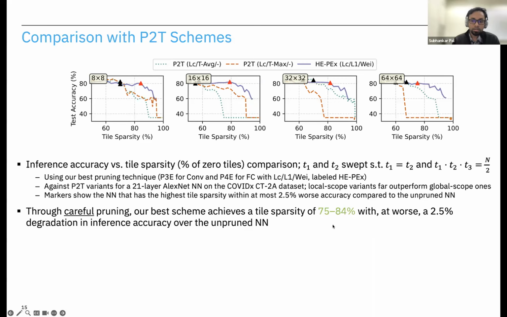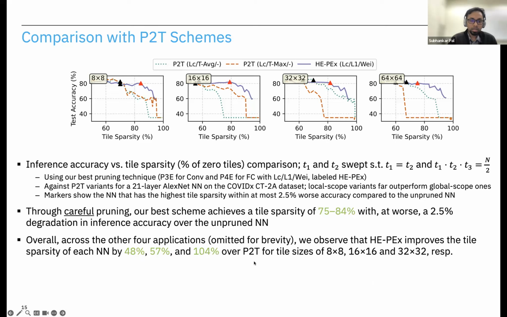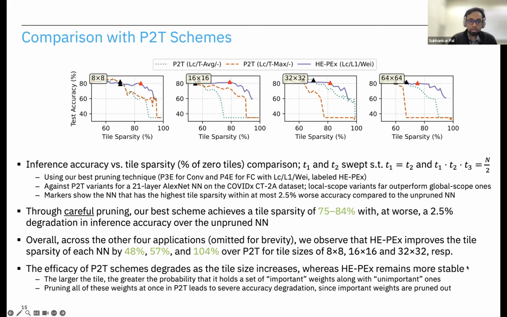So overall, we get 75 to 84% tile sparsity. And across the other 4 applications, averaging over them, we get 48, 57, and 104 for the different tile sizes. The trend there is that the P2T scheme actually gets worse with larger tile sizes.